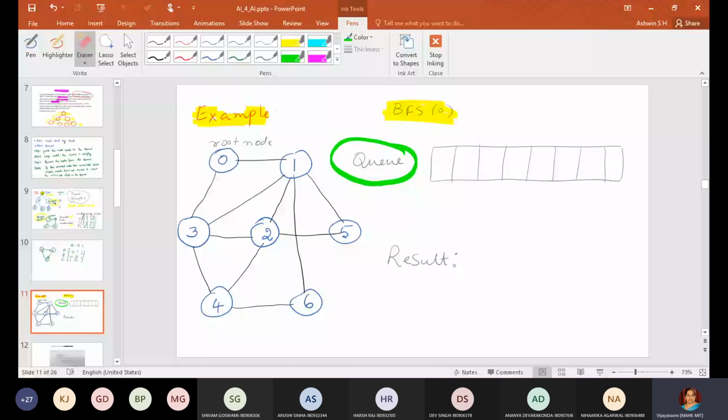And the fourth step is, if the removed node has unvisited child nodes, mark them as visited and insert the unvisited child in the queue. If I tell it like this, I know you will not understand. So I will do it step by step, then only it will be clear.